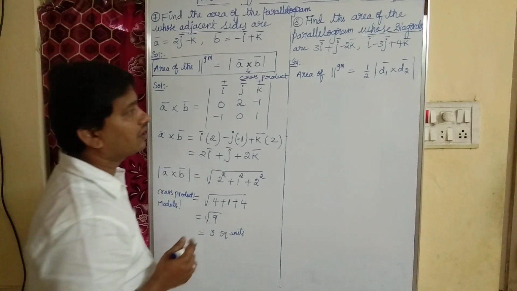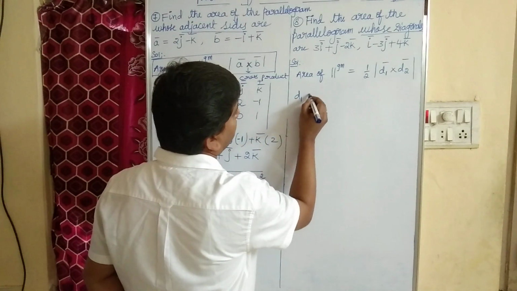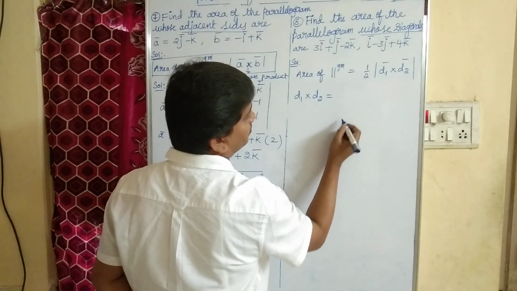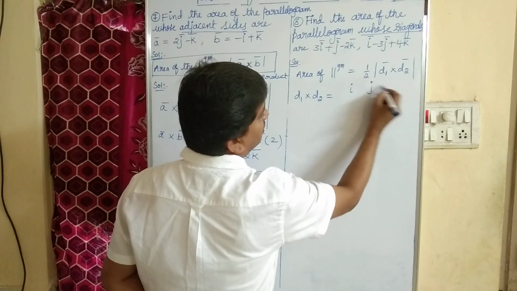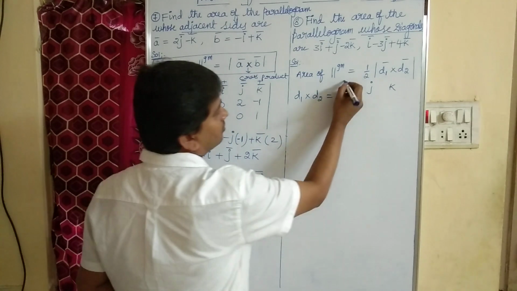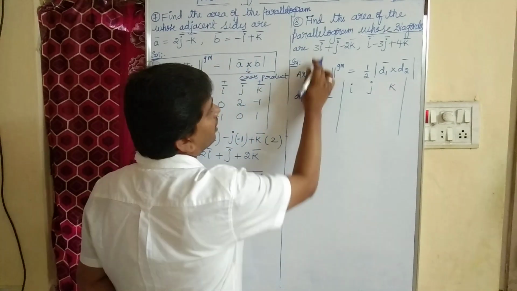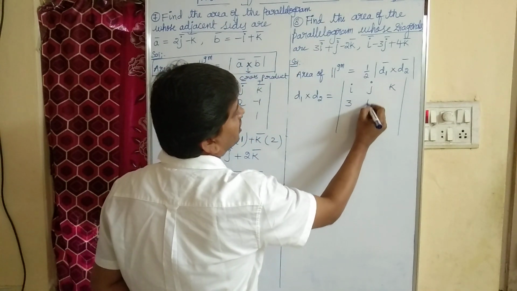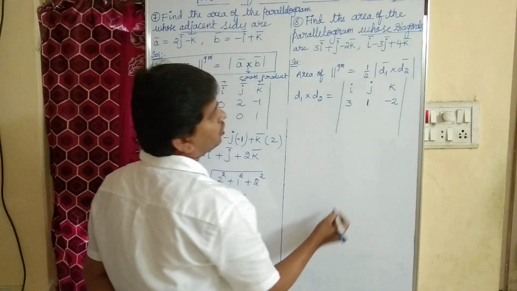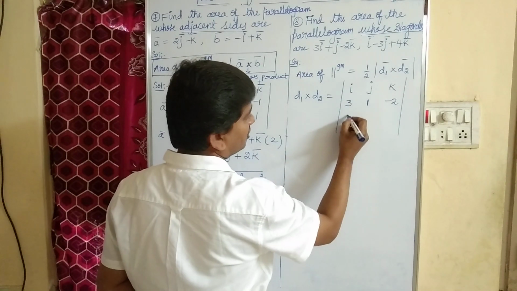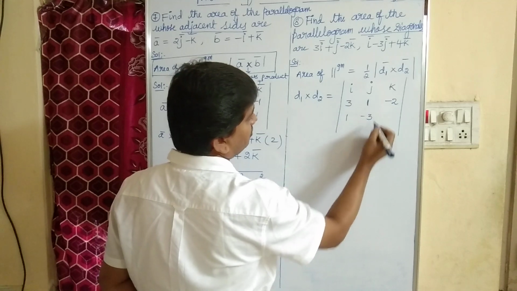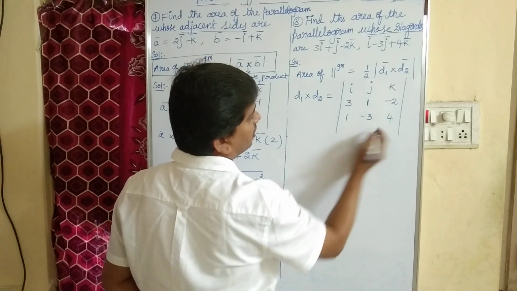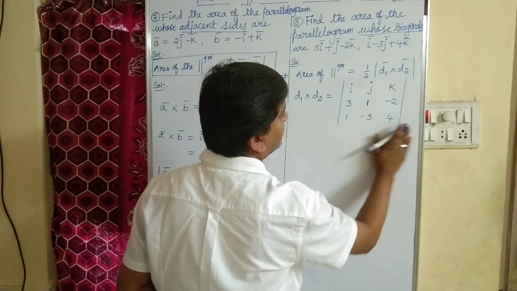So first let us find the cross product d1 cross d2, with i, j, k. For d1: i coefficient 3, j coefficient 1, k coefficient minus 2. For d2: i coefficient 1, j coefficient minus 3, k coefficient is 4, right?